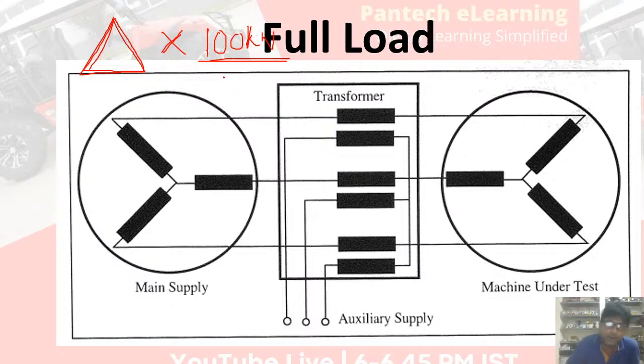Because for the full load test, how do I load the shaft? I need one alternator whose capacity is higher than 100 kilowatt, or I have to use some mechanical load like a pump or fan, so power will be wasted. I cannot load the machine.